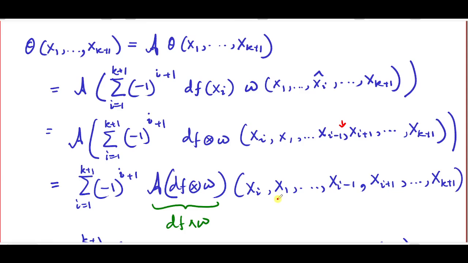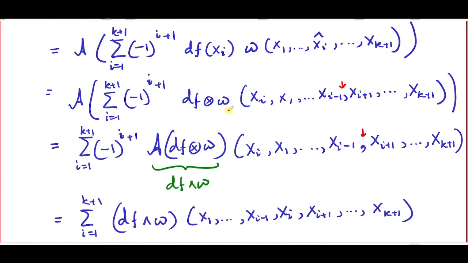But you can give these exactly the same set of arguments just by making xi go back exactly here. But in order to go back here, it would have to jump over x1, then x2, then x3 and all the way, finally over xi minus 1. That is, it will have to jump over i minus 1 arguments on its way. With i minus 1 interchanges, a factor of minus 1 to the i minus 1 would come over with xi back at its original position.